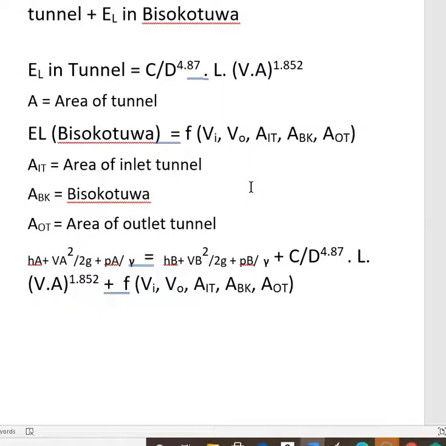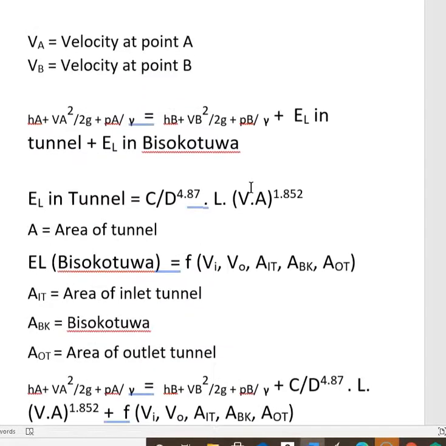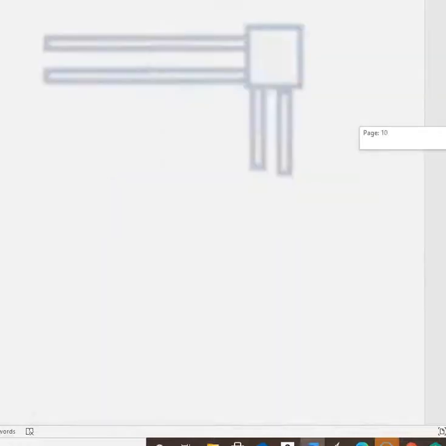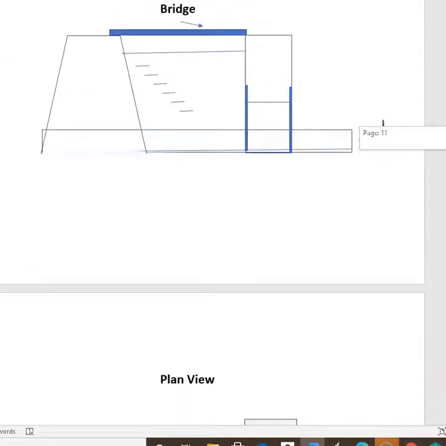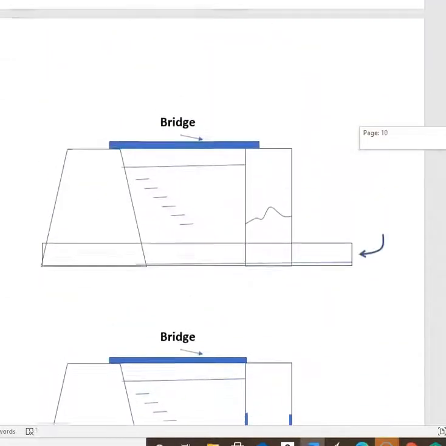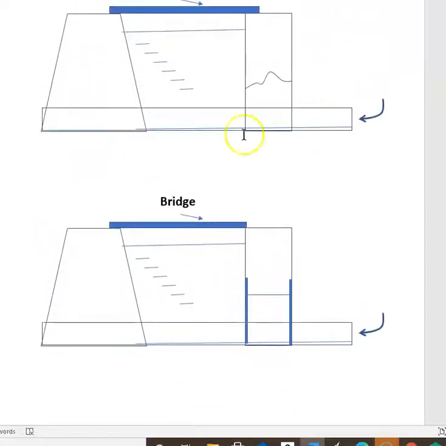Of course, they didn't have these equations at that time, so they probably did it by trial and error. They built the Bisokotuwa, built something like this, and saw what the flow rate was here.